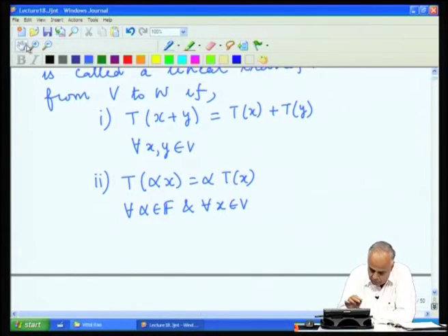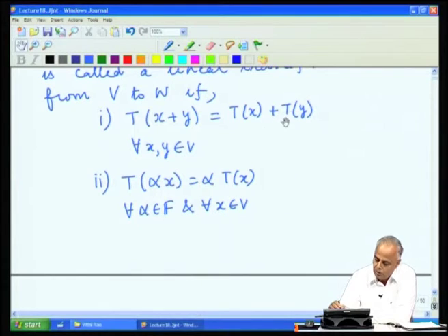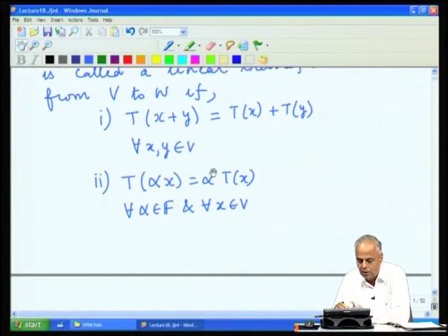Note that the addition on the left hand side of this definition refers to the addition in V, because we are adding V vectors, and the addition on the right hand side refers to the addition in W, because we are adding W vectors. Similarly, the scalar multiplication on the left hand side refers to the scalar multiplication in V, and on the right hand side to the scalar multiplication in W.